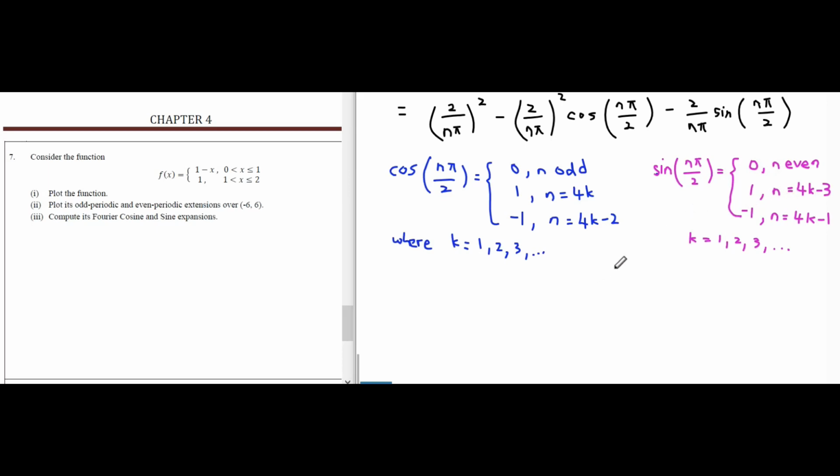So the list of odd values, we have 1, 3, 5, 7, 9, 11 and so on.